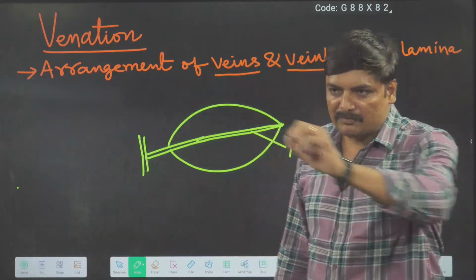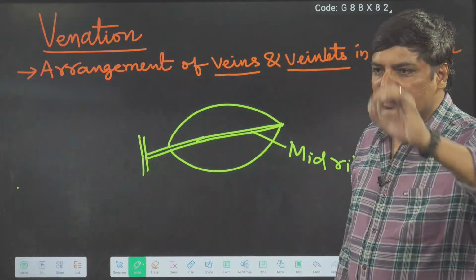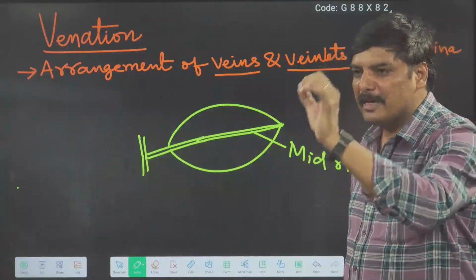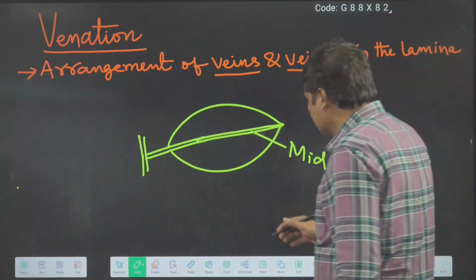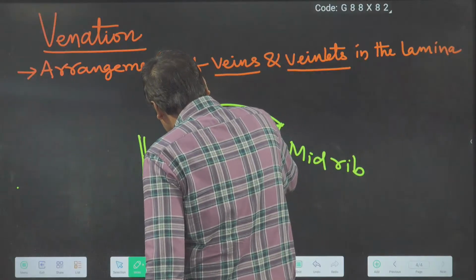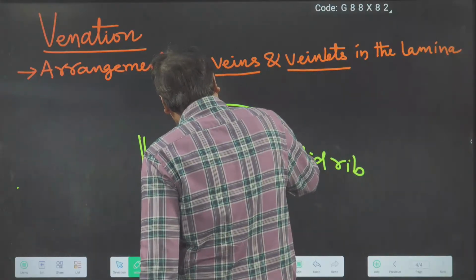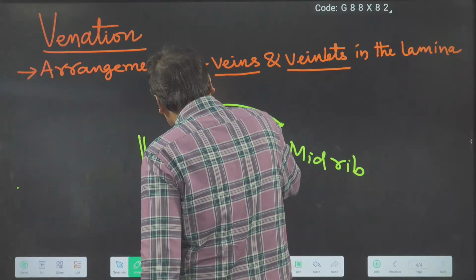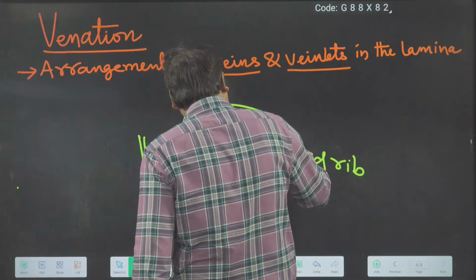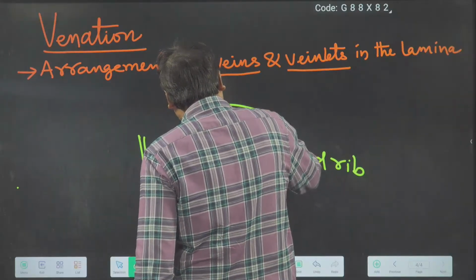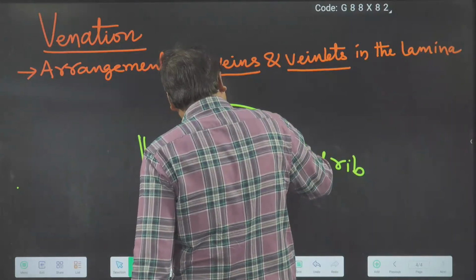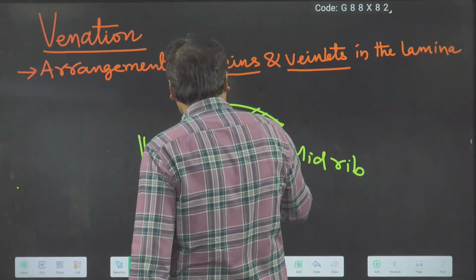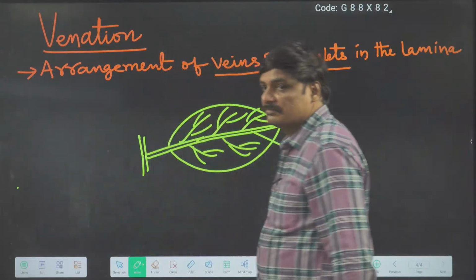In the center of the lamina, there is a main vein. That vein is called midrib or mid vein. This vein produces lateral veins, and these lateral veins give rise to ultimate branches called veinlets.